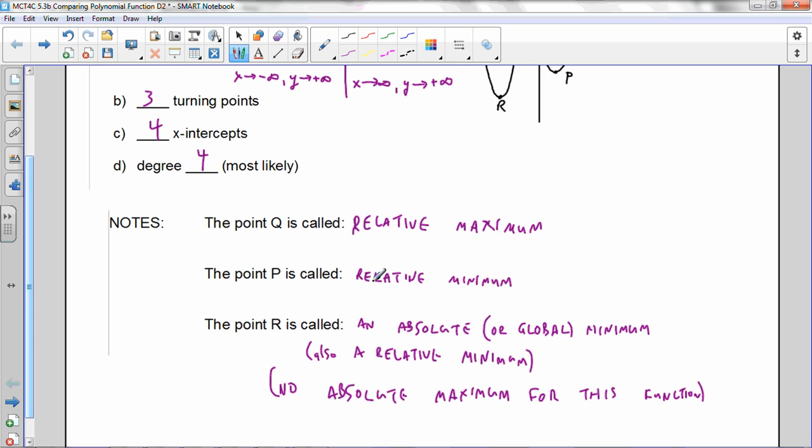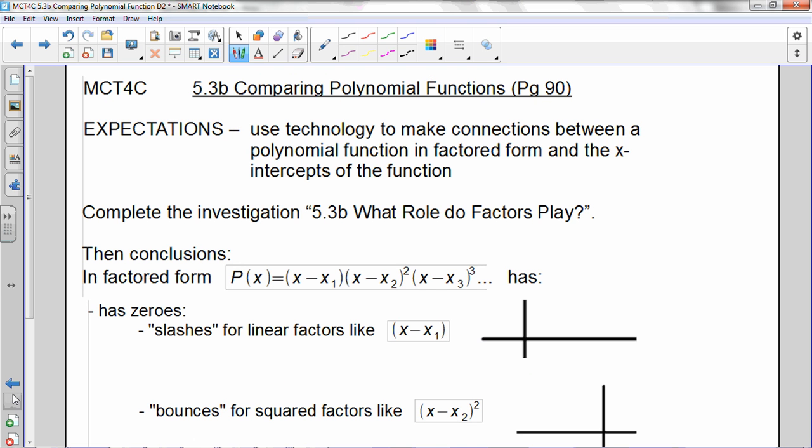Okay, today is another one of those investigation type things. So you may want to stop right there and take, there's a sheet in your package called What Role Do Factors Play, and do that right now. You could save that in class and have sort of double videos tomorrow or the next day for homework, or you could do this right now and then get back to the video.